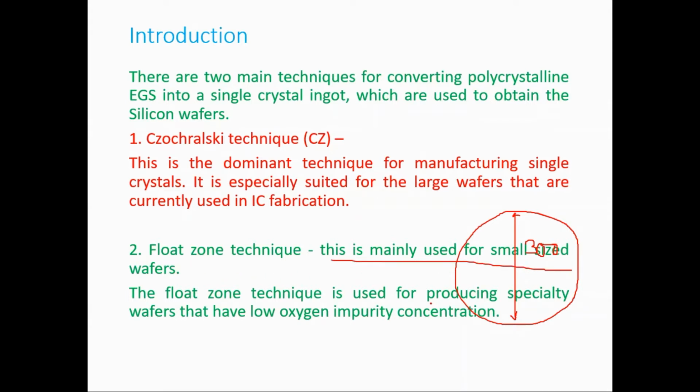It is used to produce specialty wafers that have low oxygen impurity concentration. It is required in some cases, but most commercially used is the CZ process. I will discuss them one by one in detail so that you get a better understanding of this process.